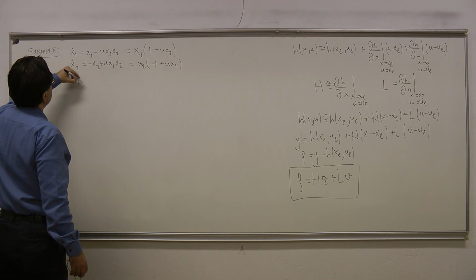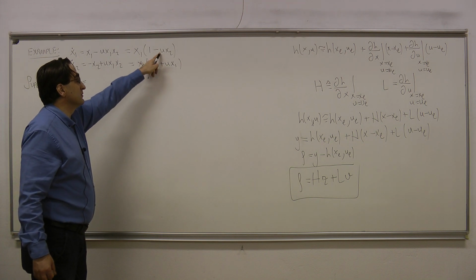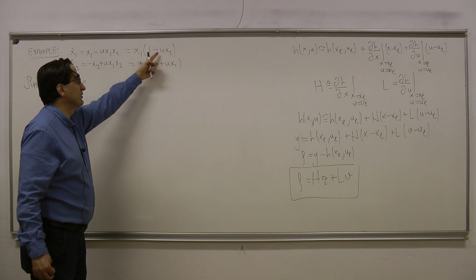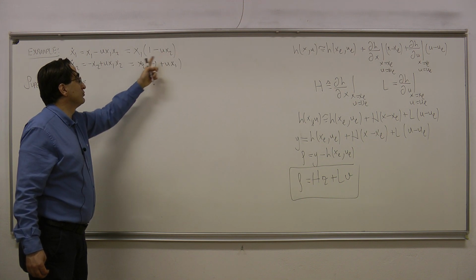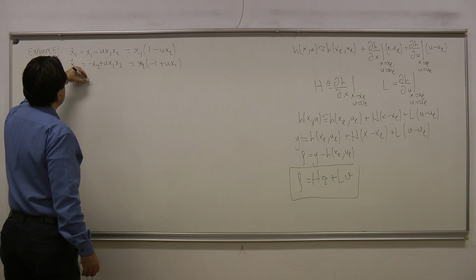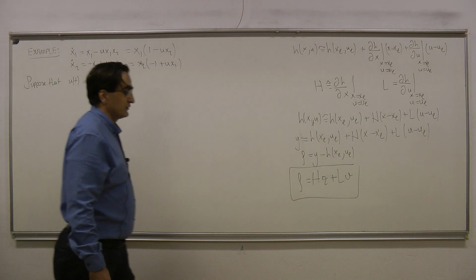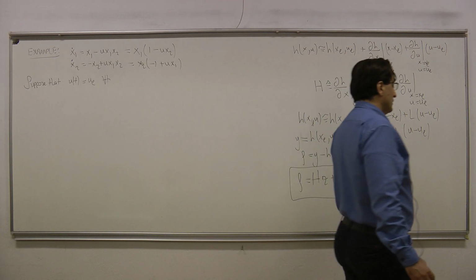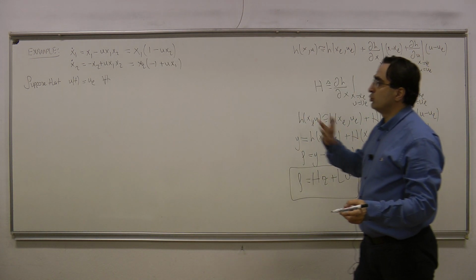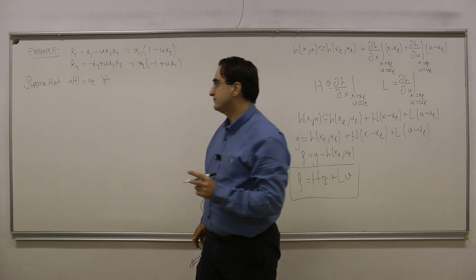u of t is equal to, it is this u. Here I don't show the time dependence of the variables, but you should always assume here that u, x2, x1 are all dependent on time. So u of t, I will choose this as a constant for all time instants. And then I can try to find the equilibrium points of this system corresponding to this constant input.